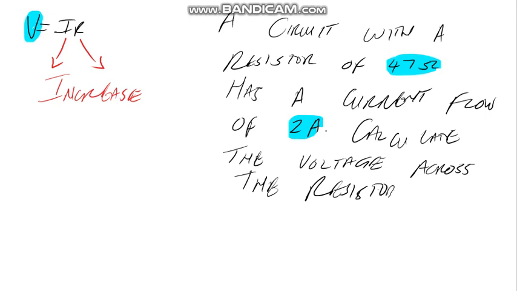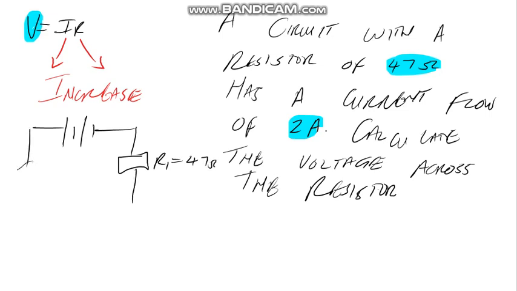So this is just a simple circuit, more like a circuit like this. It's a series circuit. That resistor we'll name R1, which is equal to 47 ohms. That's your resistor. Then you've got the current, I, which is equal to 2 amps.